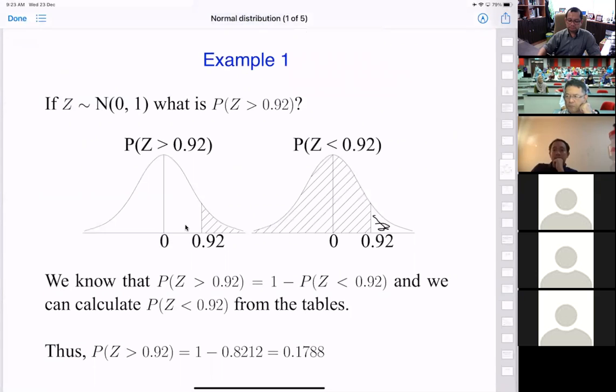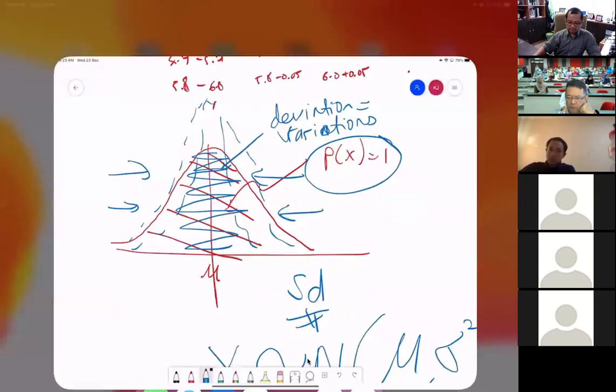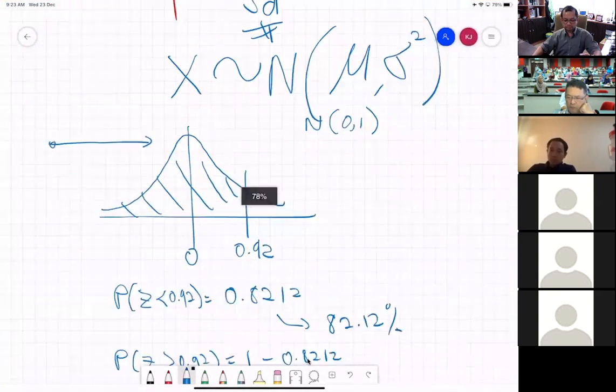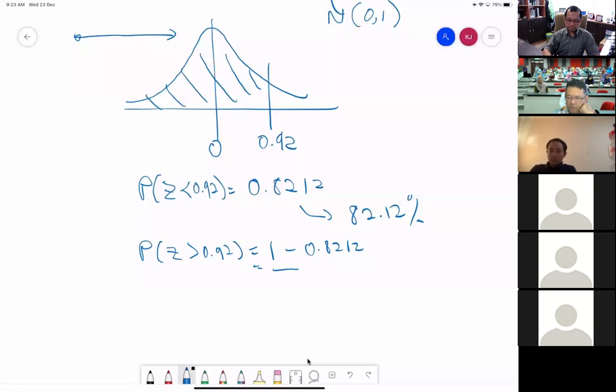The question here is they want to know greater than 0.92. So that's what I did, 1 minus. So I got 17.88%. So the probability here is 17.88%.